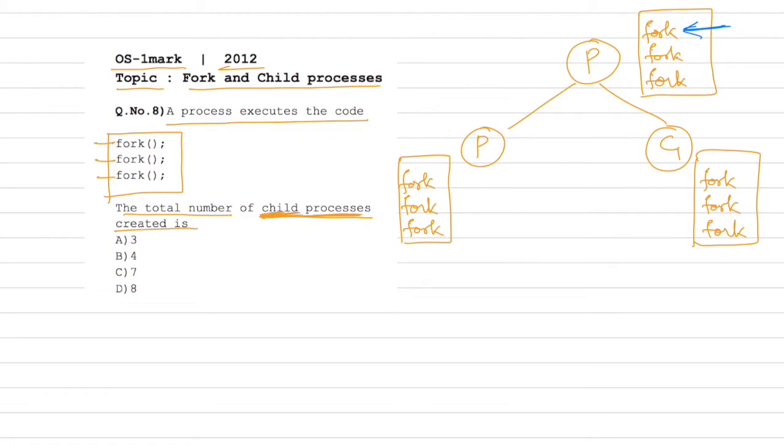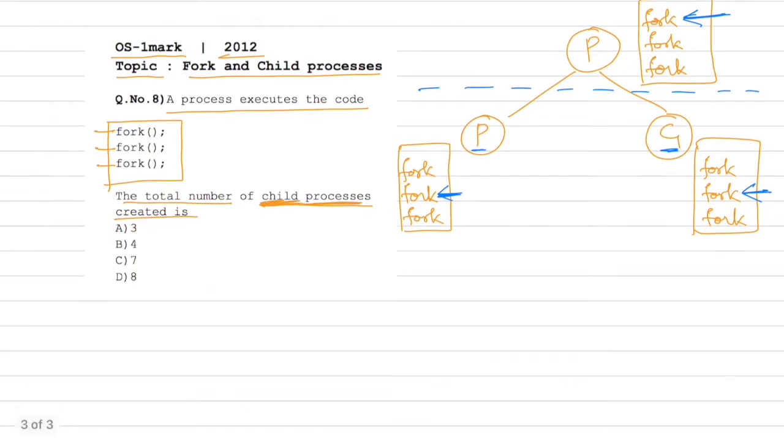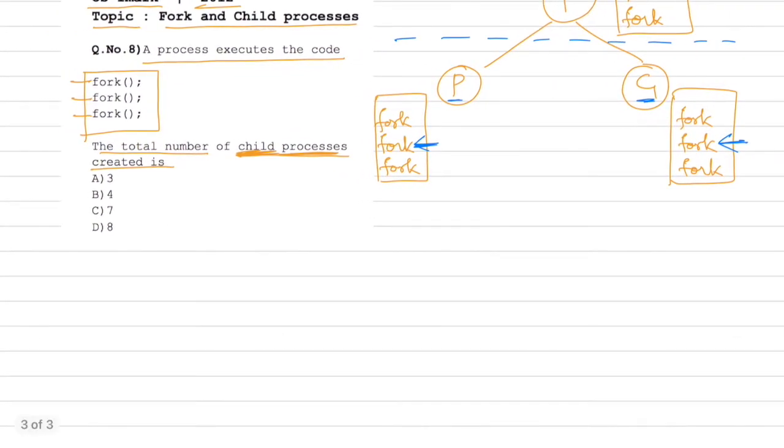Now in this second step, the line of execution will be at the second statement for both P and C1. So now we are at the second fork, and once again the fork statement will happen. So let's see what happens when we execute this fork statement.